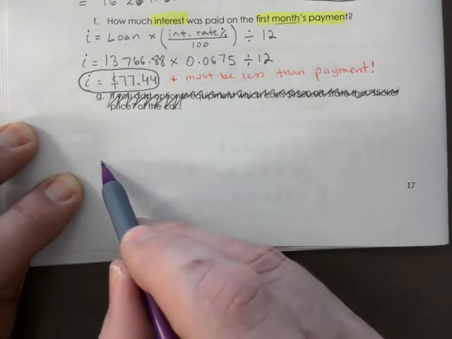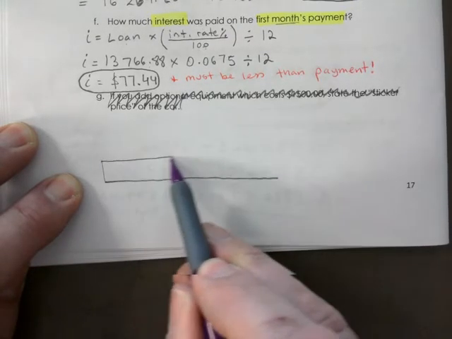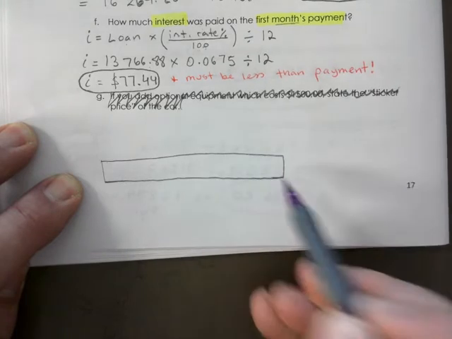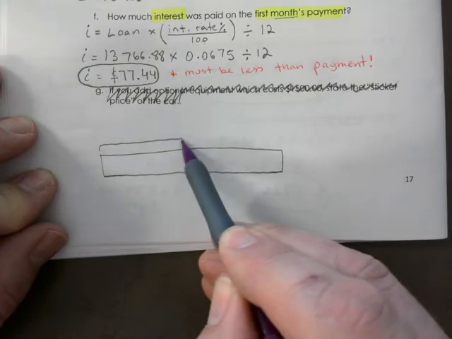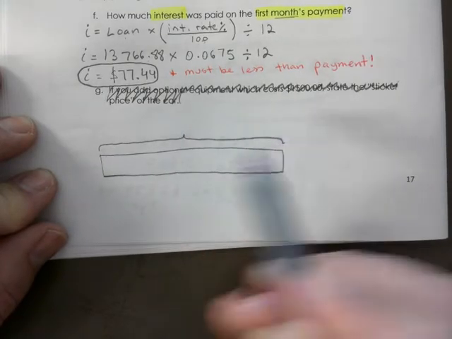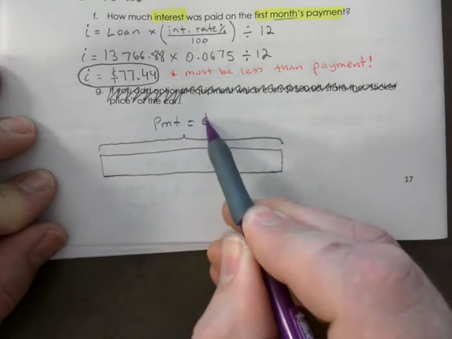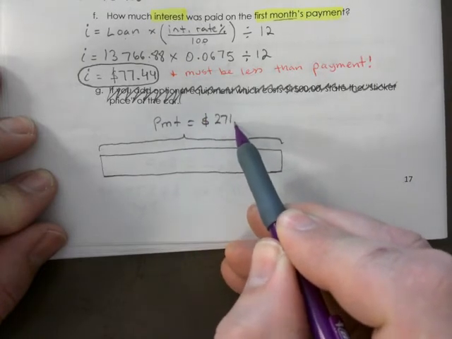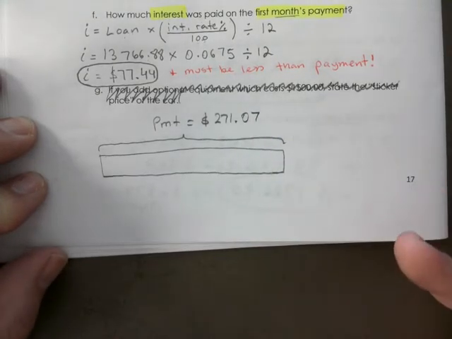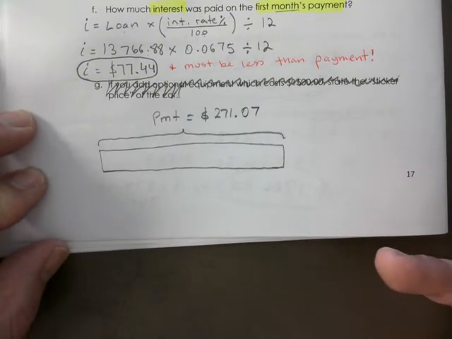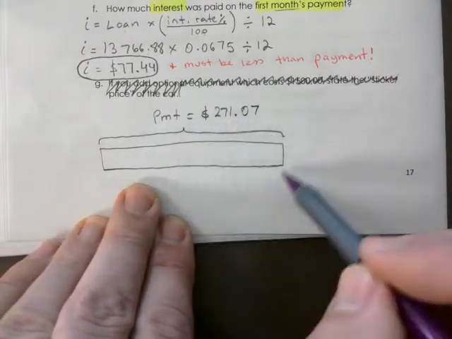So what you will do is you'll make a bar like this, right about that, and you will indicate that the whole bar represents your payment, which in this case is 271.07. I calculated that. I know that that's my payment. And so the whole thing is 271.07.